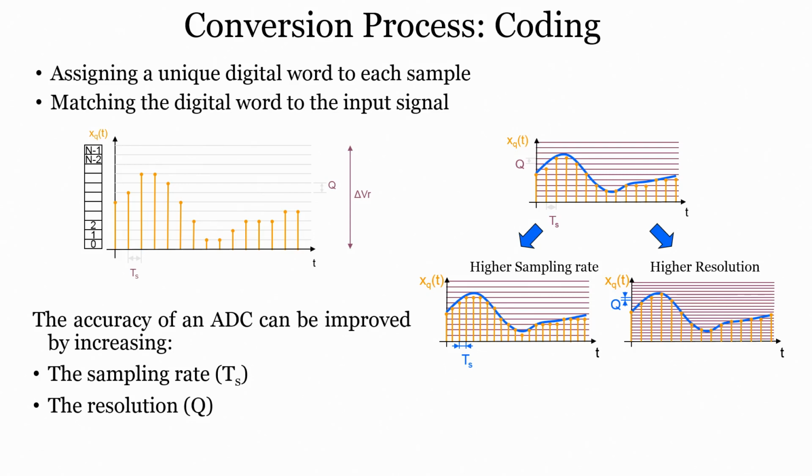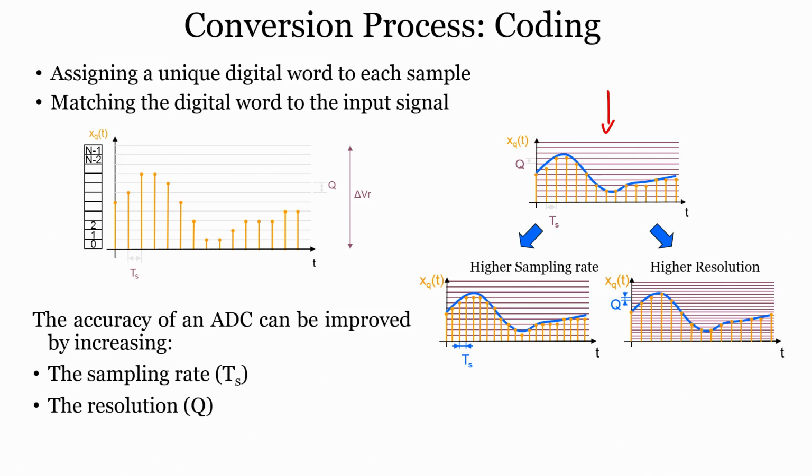Then comes another step, which is called coding. So, assigning a unique digital word to each sample and matching the digital word to the input signal. You understand now that if this is the signal and I have a higher sampling rate and a higher resolution, what is the difference? You get better sampling and better resolution.